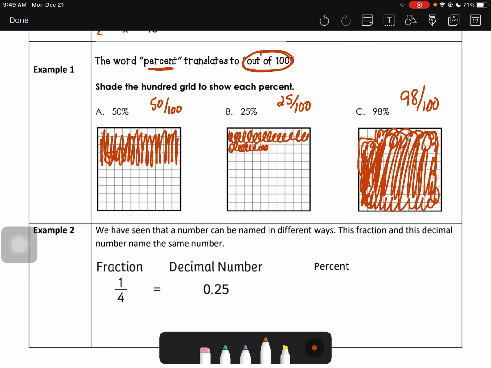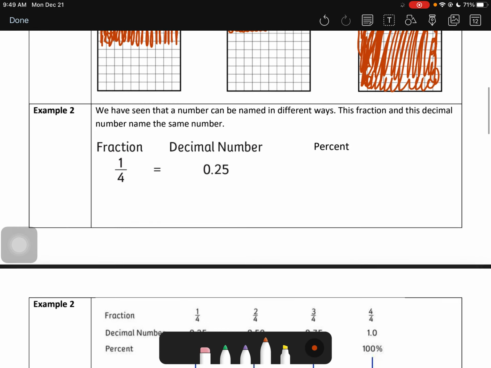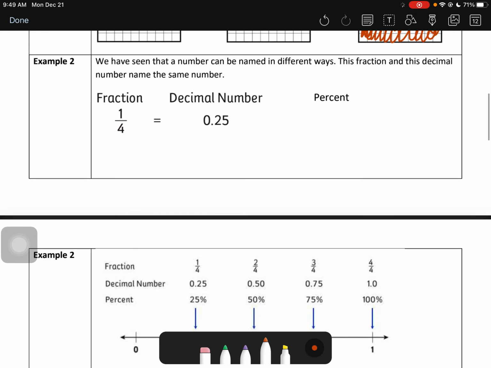We can see that a number can be named in different ways. This fraction and this decimal mean the same thing. 1/4 is exactly the same as 0.25. And 0.25 is exactly the same as 25%.